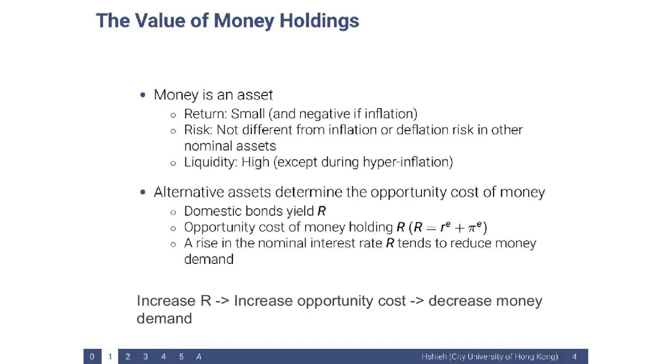So again, to summarize. In order to change households' willingness to hold on to cash, you have to change a household's next best alternative action or investment. Cash is very liquid.